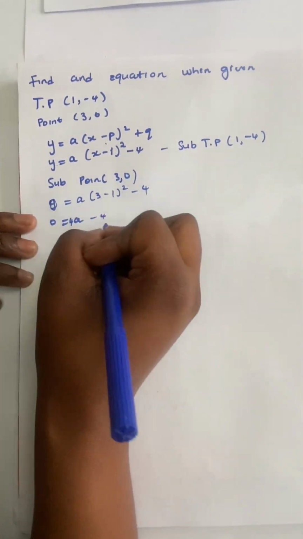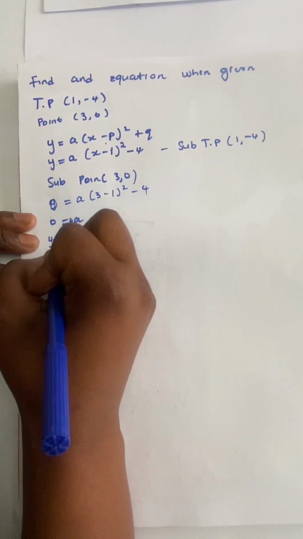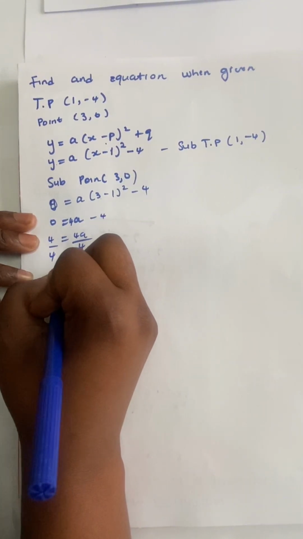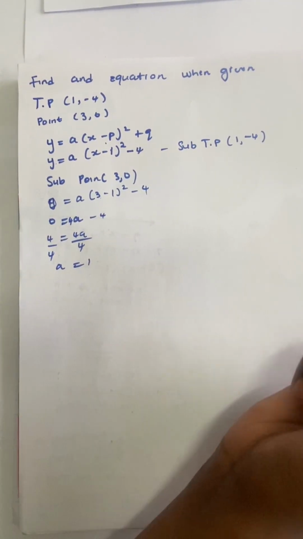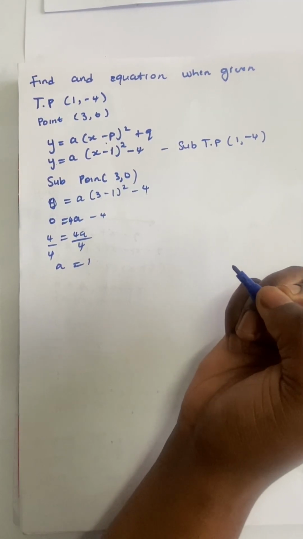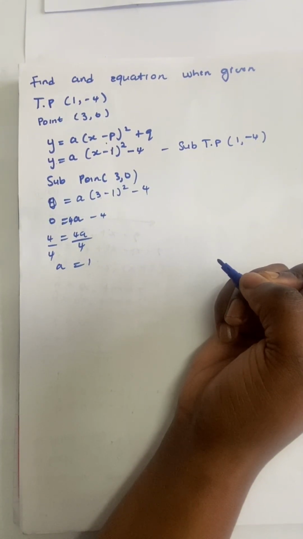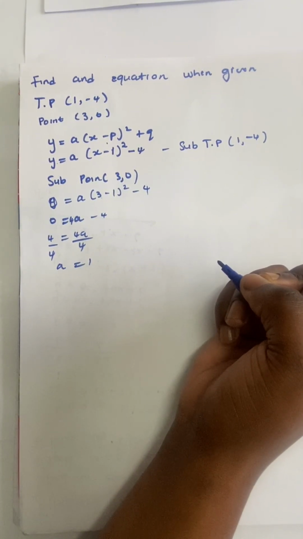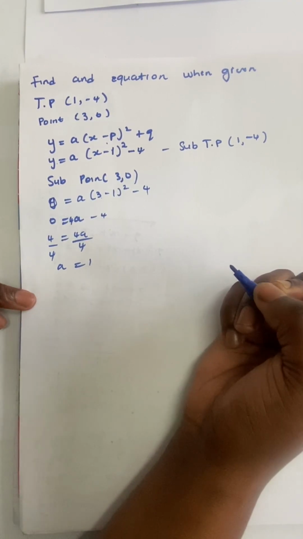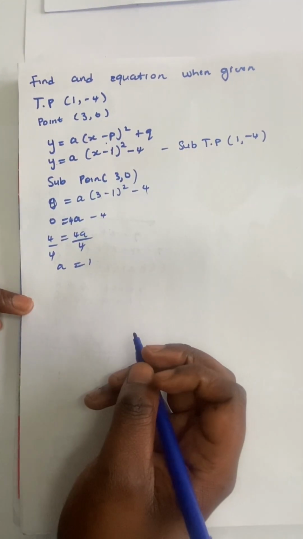Then you transpose this 4 to this side. It's going to be 4 is equal to 4a, divided by 4 on both sides, and then your a is equal to 1. Now that you have found the value of a, everything becomes easy. So every time you are required to find an equation of a parabola, always start with finding the value of a.